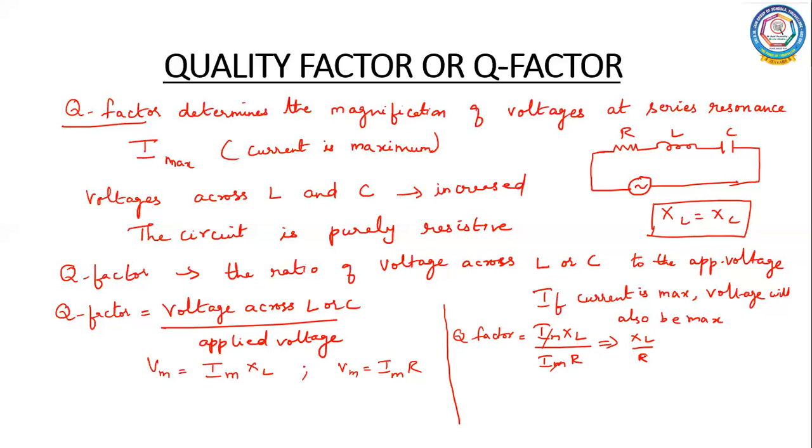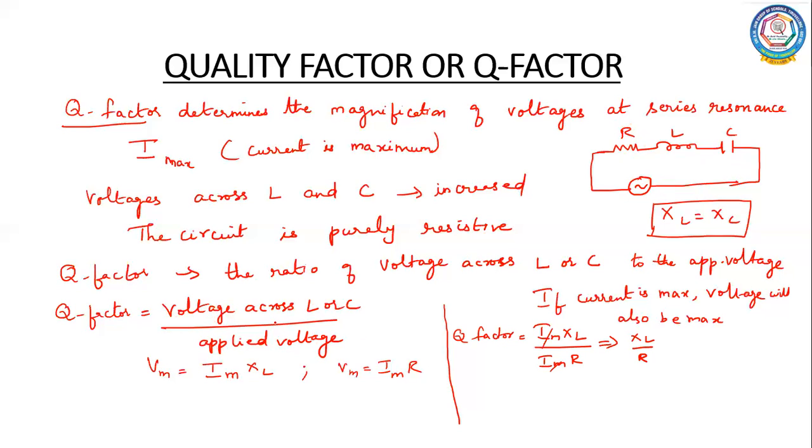Okay, now here the applied voltage is also equal to the voltage across this resistor, correct? Because now here XL is equal to XC. Now here you have maximum voltages. Now here we can say the circuit is purely resistive. So in that case, the applied voltage is equal to the voltage across this R. So I can here either write applied voltage or voltage across R. Both are correct.